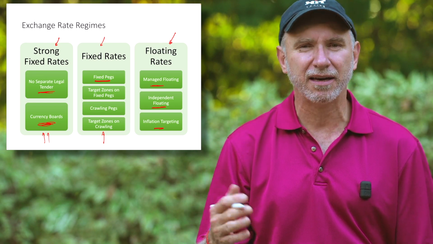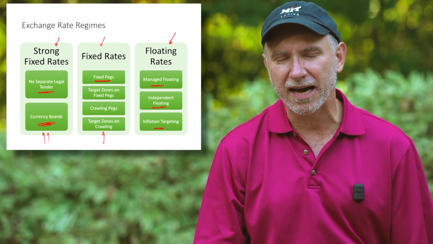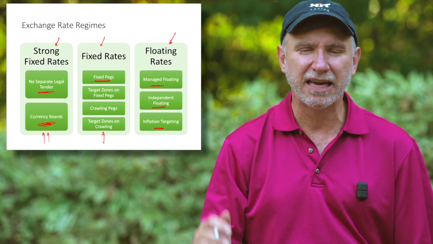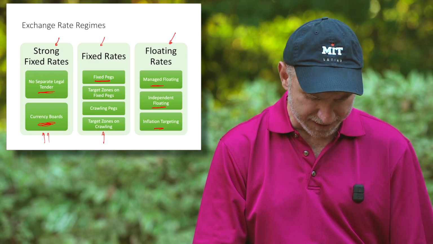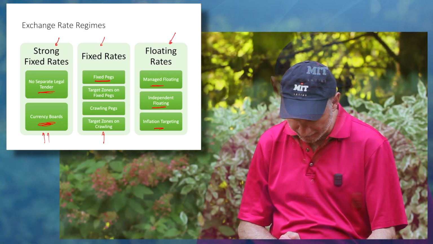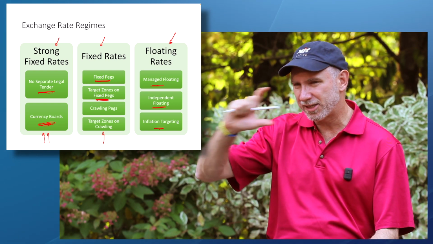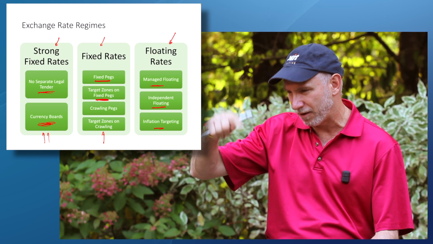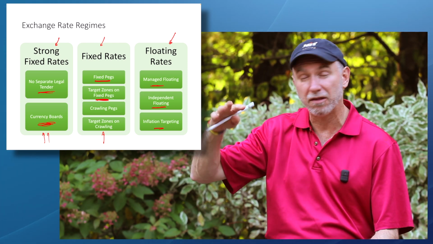The central bank could, in principle, change that. They just don't change it for convenience. They keep it as is. A target zone is one in which you decide the range within which you will allow the exchange rate to fluctuate, and you allow it to move within that totally freely.